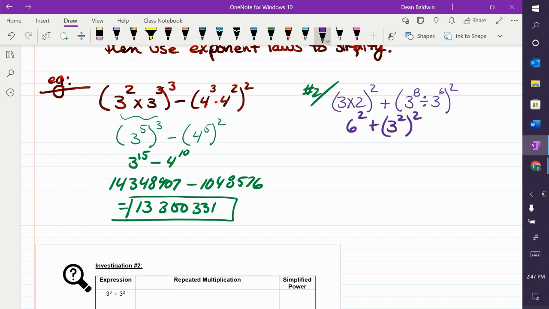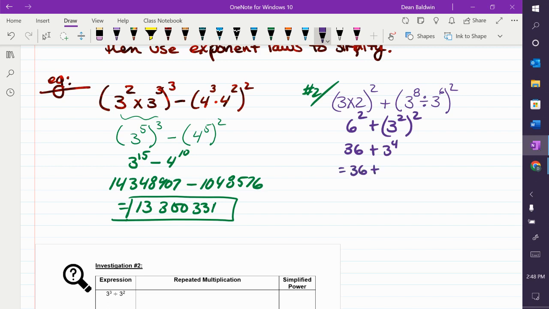And then what's 6 squared? What's 6 times 6? 36. What does the second set of brackets become? 3 to the power of 4. Anybody know what 3 to the power of 4 is?